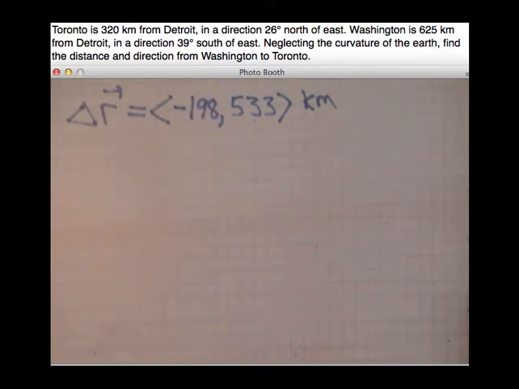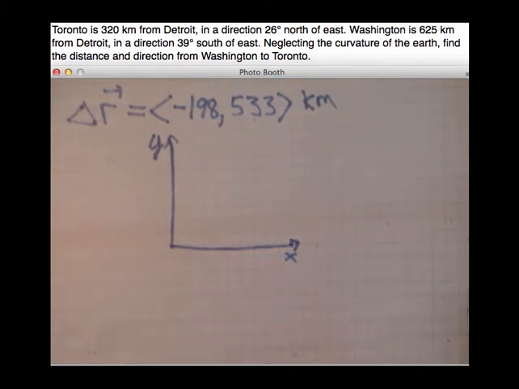So I'm going to do that with the help of a little drawing here again. I'm going to draw another set of axes, and might as well label these axes. This is Y and X. And I'm going to draw my vector delta r on these coordinate axes with the tail of the vector emanating from the origin.